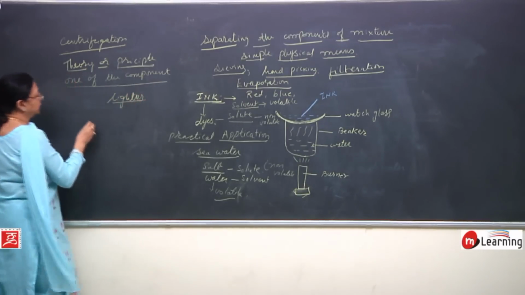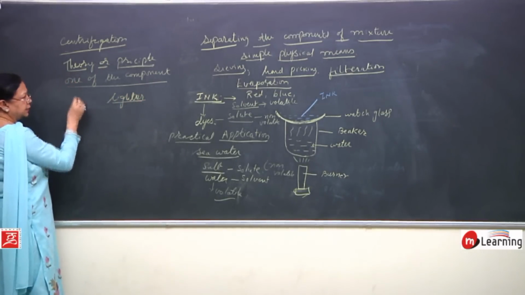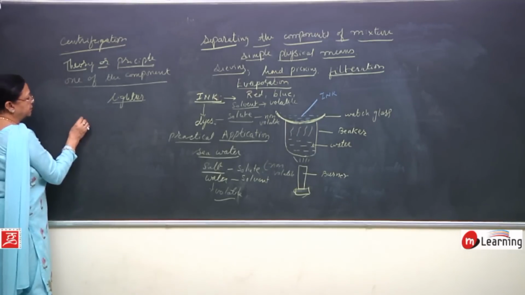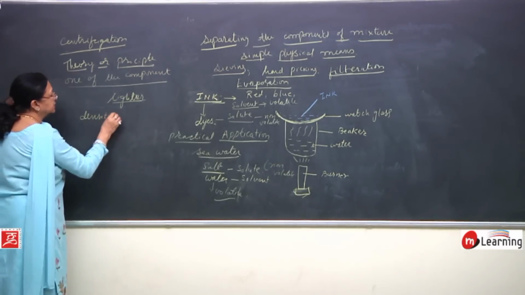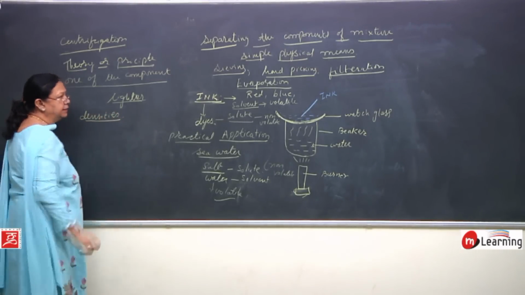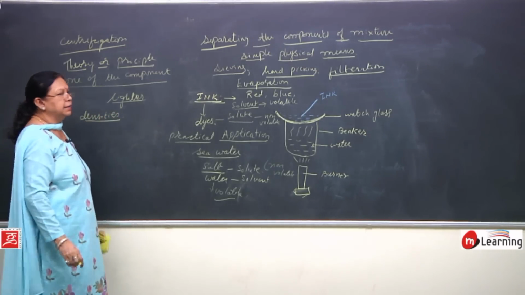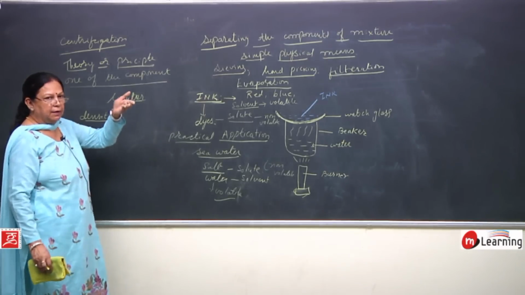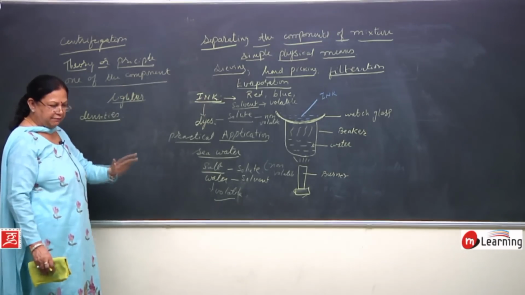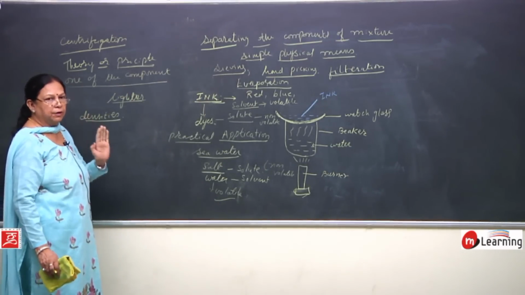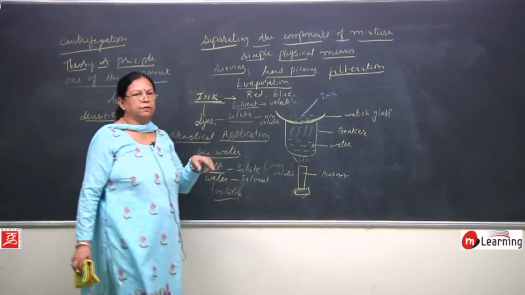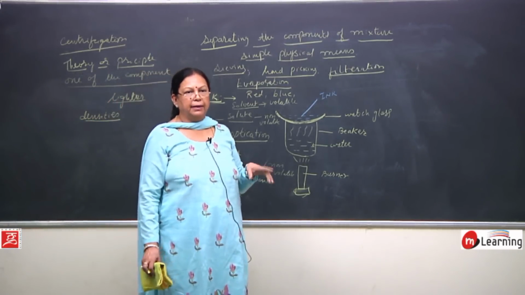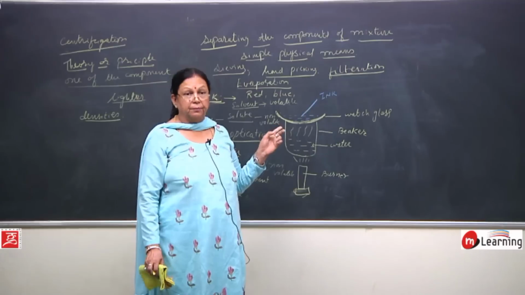So the principle is that it will be separated on the basis of the difference in densities. One is lighter and one is heavier. That which is lighter will come up, and that which is heavier will settle at the bottom, right. So in this way, butter is separated from the cream by the centrifugation method.